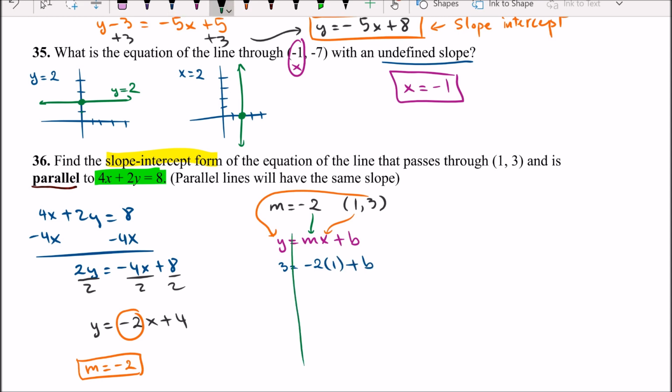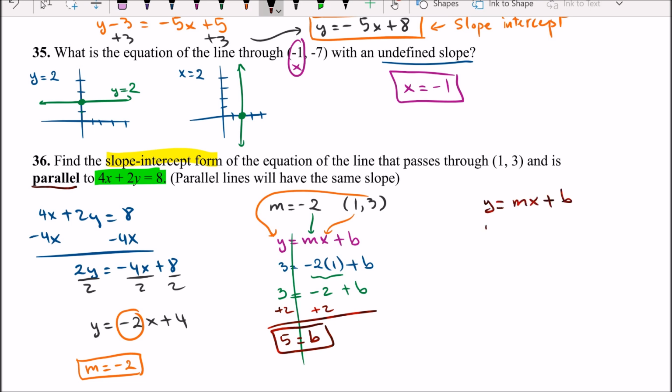We will solve for b. -2 times 1 is -2, equal to 3 plus b on this side. To get b by itself, we're going to add 2 on both sides. 5 equals b, or b equals 5. So y equals mx plus b, y equal to negative 2x plus 5 as the final answer.